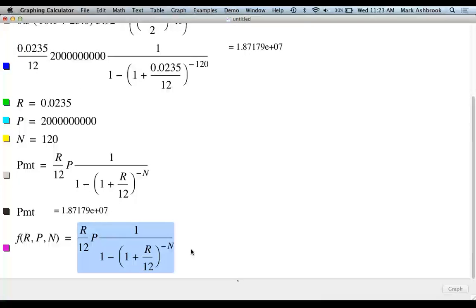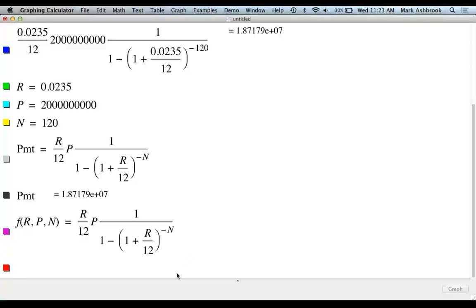And if you hit enter or start a new command line, we've established our function of R, P, and N. So let's look at that new page and do the first row.